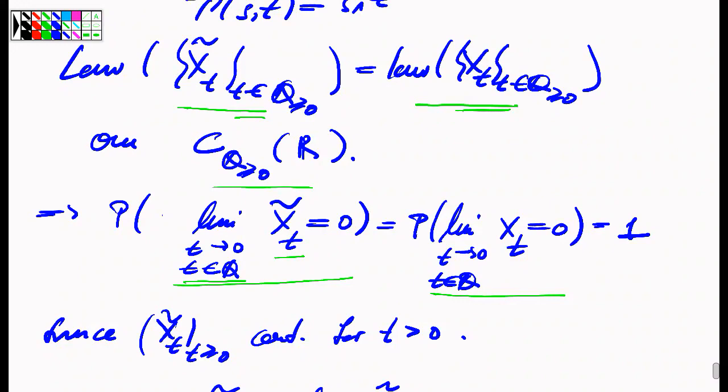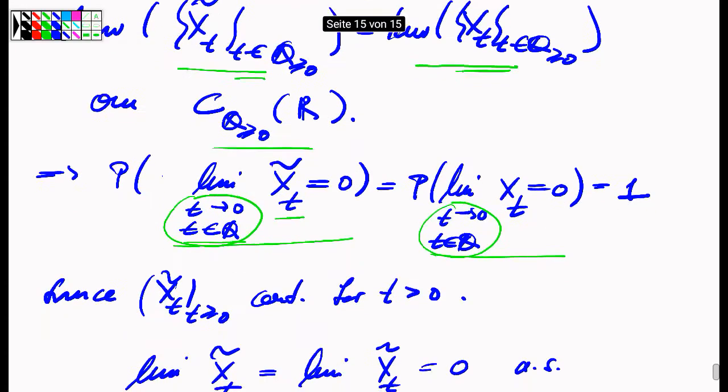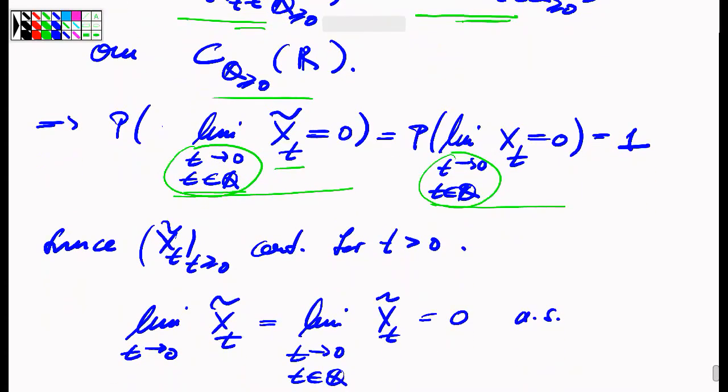So here it is important to confine this limiting question to sequences of rational time points. This event is determined entirely by looking at this x tilde process at these rational points, on which it has exactly the same statistics as the corresponding x process.